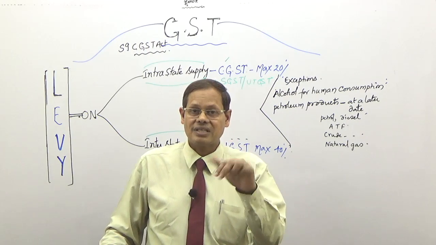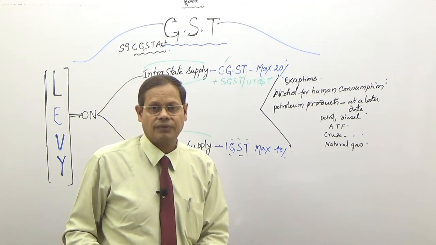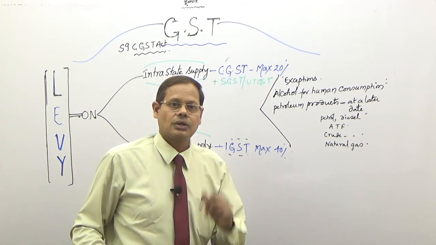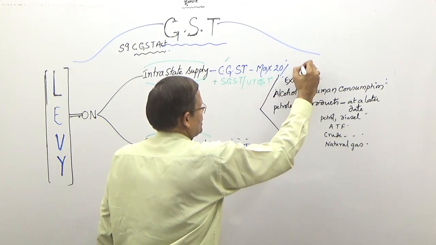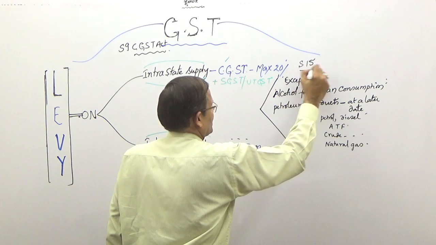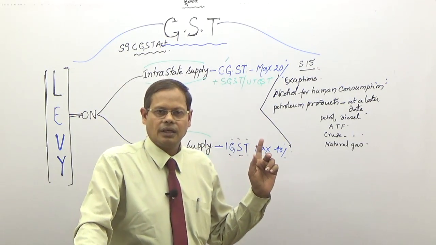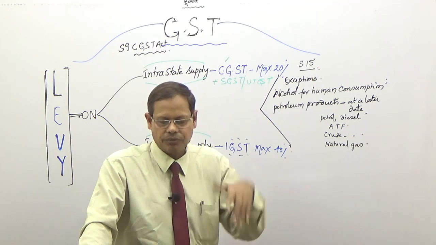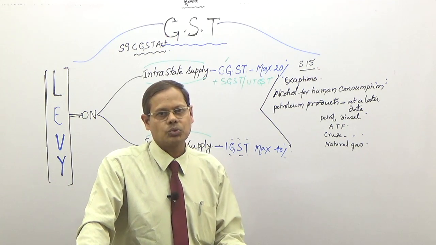Ad valorem method means valuation is necessary, whether it is goods or services. So, for value, section 15 is the valuation section, both for local and interstate. If you look at section 15, it will give you the details of how to value the goods or services.